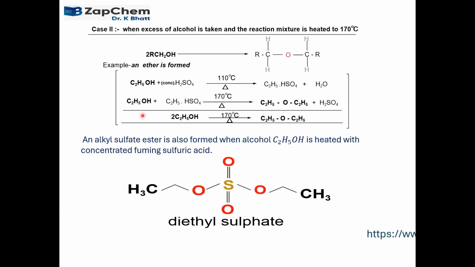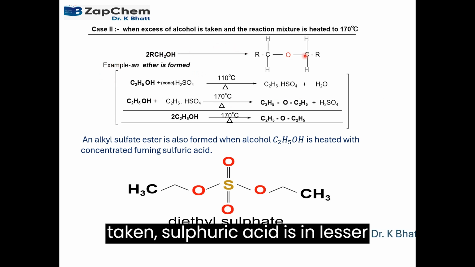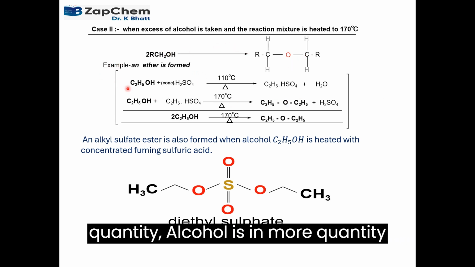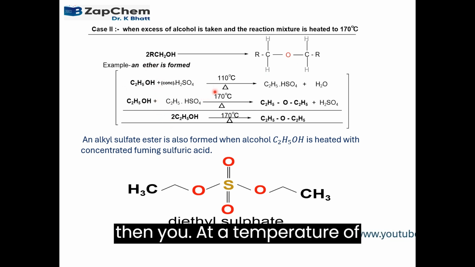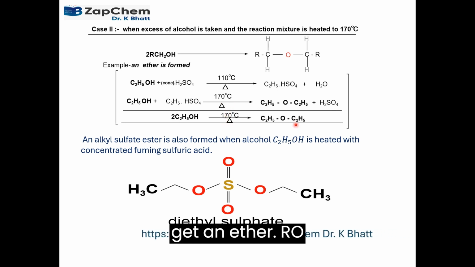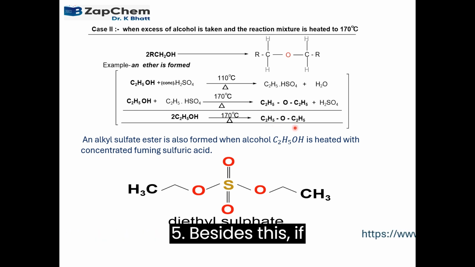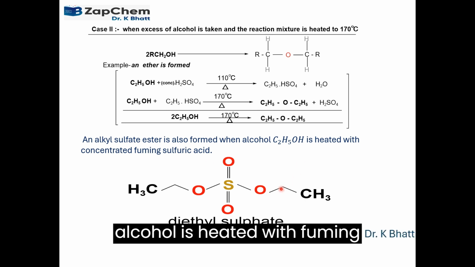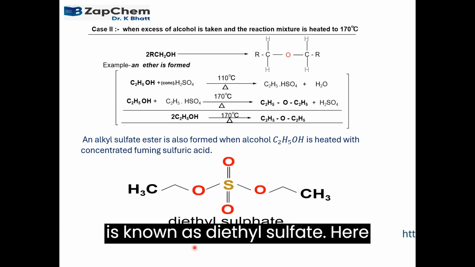Then, when excess alcohol is taken, sulfuric acid is in lesser quantity, alcohol is in more quantity, then at a temperature of 170 degrees Celsius, you get an ether, ROR, that is C2H5OC2H5. Besides this, if alcohol is heated with fuming sulfuric acid, you get an ester, which is known as diethyl sulfate. Here is the structure.